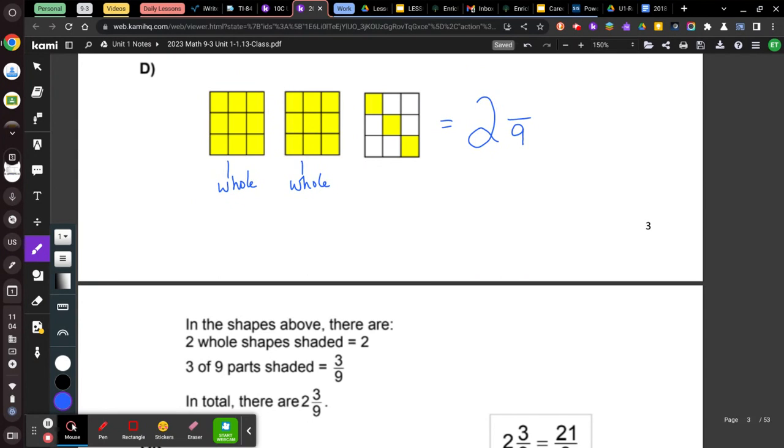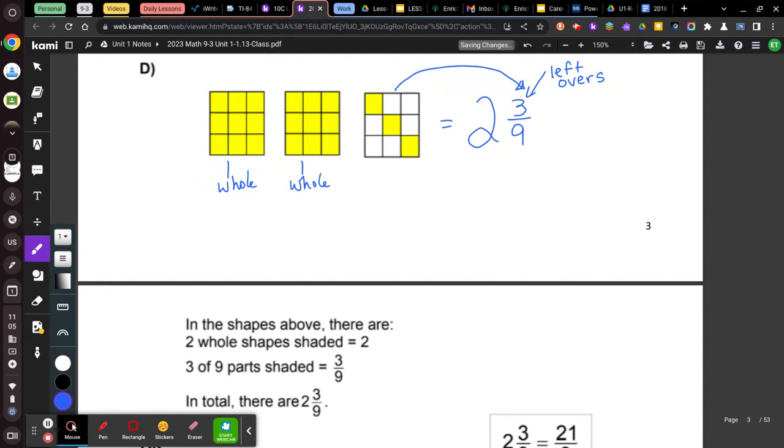So now I've got to find out how many are left over. This guy is the leftovers. So how many are shaded in that last object? 3. So you're going to put 3 over 9.